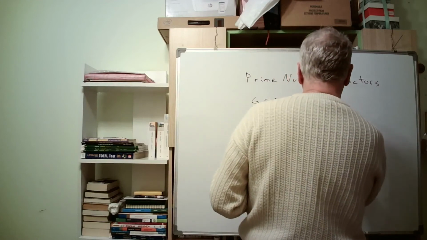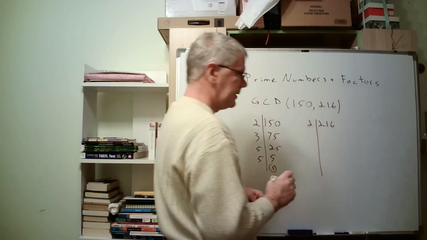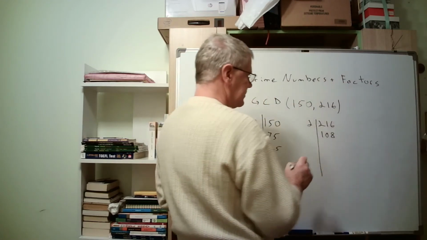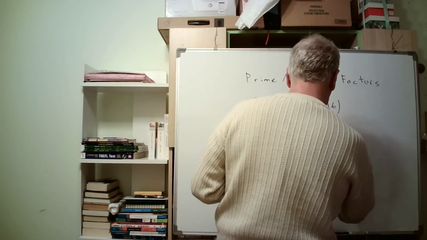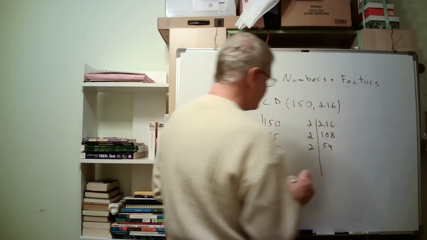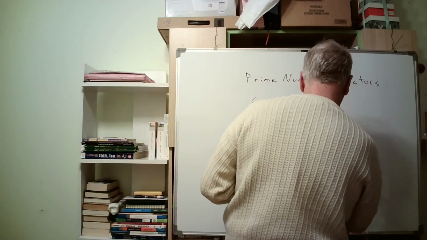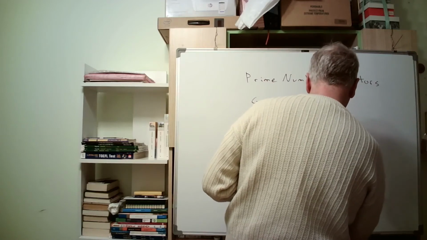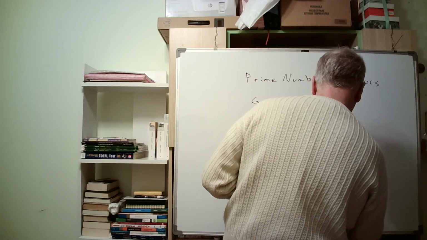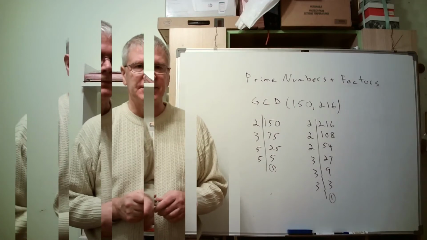And the 216 divides by 2. That gives me 108. That divides by 2, which is 54, divides by 2 again. That is 27, which is 3, 9, 3. Okay, so those are the prime factors of my 2 numbers.